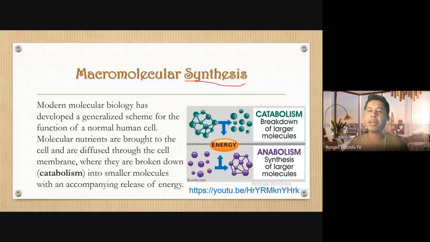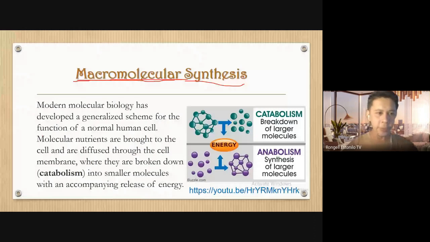Pinapahinog muna natin ang isang cell bago siya mag-undergo ng repopulation or proliferation. Pag matawag na natin, mature na ang isang cell kasi nag-undergo na siya ng synthesis. So, macromolecular synthesis. Paano magmamature ang isang cell or isang molecule. So here, we need to be specific molecule. Paano nagmamature ang isang molecule? Like for example, protein, paano siya magiging matured na protein? Nucleic acid, paano siya magiging mature na nucleic acid?